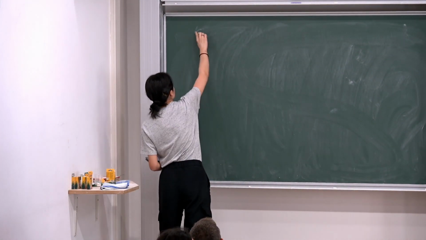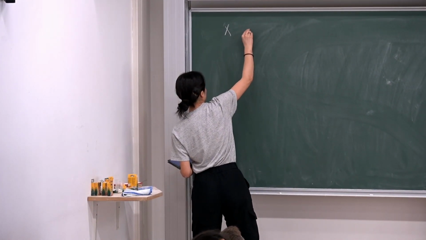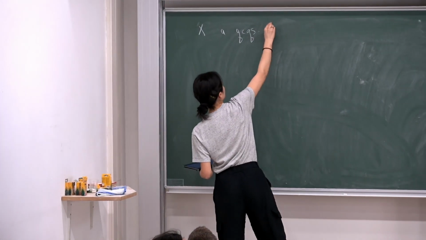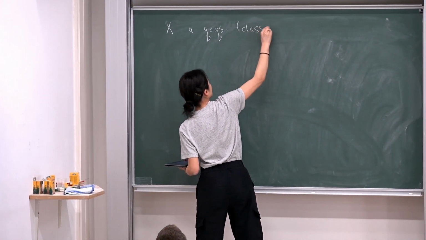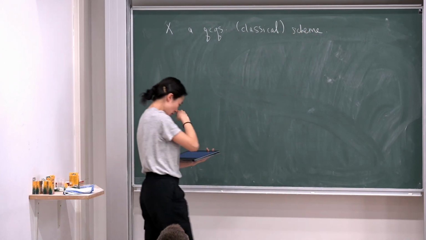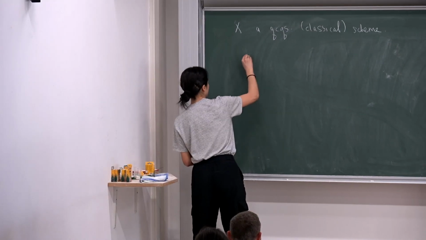For the rest of this talk, X is going to be some classical scheme. Let me recall, what is the Brauer group of X?